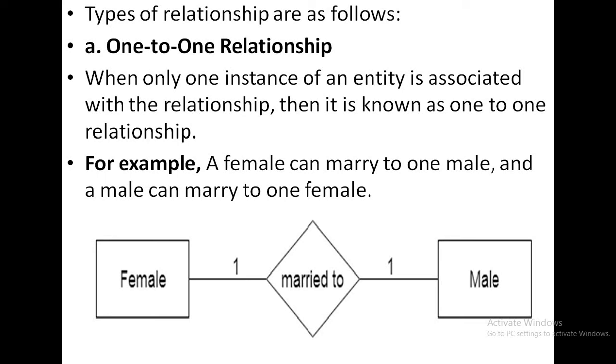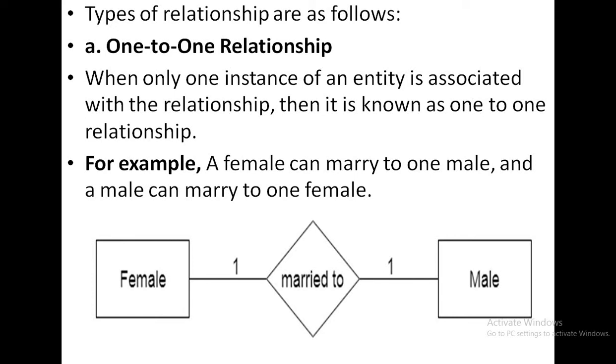So what is a one-to-one relationship and where do we use it? When only one instance of an entity is associated with the relationship, then it is known as a one-to-one relationship. For example, a female can marry one male and a male can marry one female.